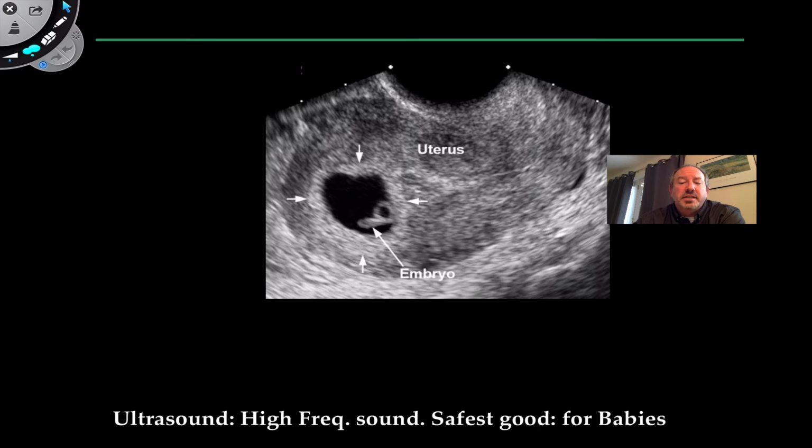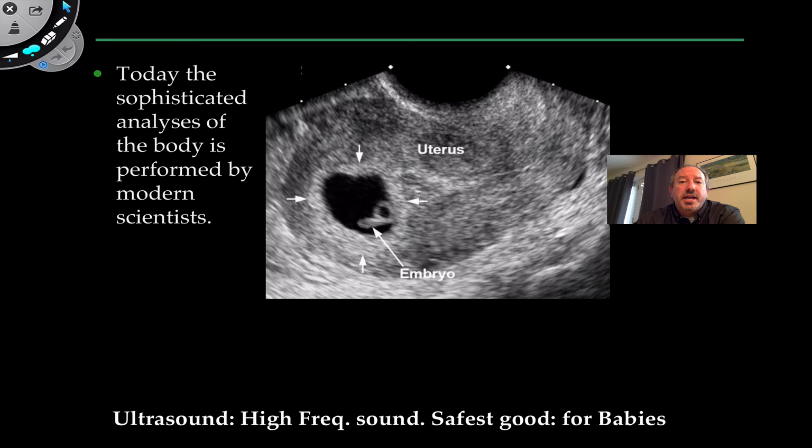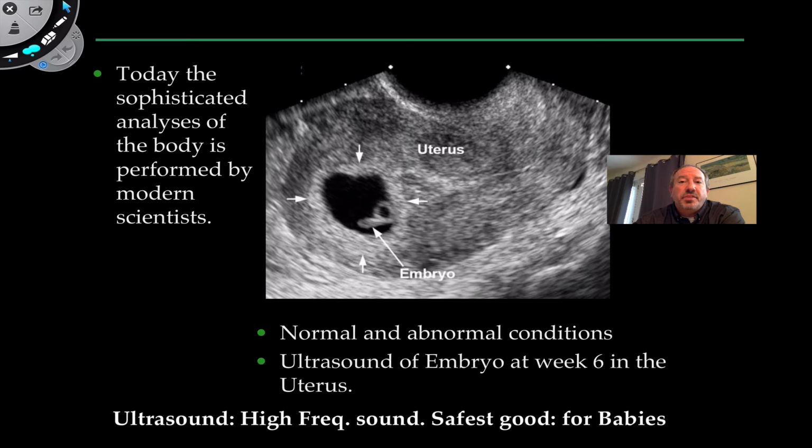Obviously, this is safe and okay for babies, but today we use sophisticated analysis of the body, performed on many instruments. And so we can compare and contrast what is normal anatomy and what is abnormal anatomy, even when there are things we can't see. We could use ultrasound, for example, we could use microscopes, etc. And this is an embryo after 6 weeks in the uterus right there.